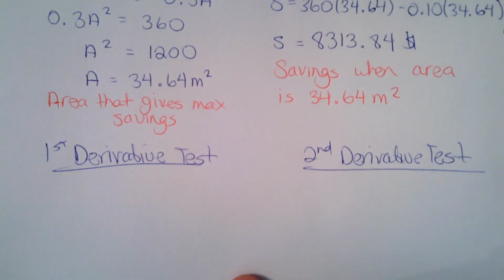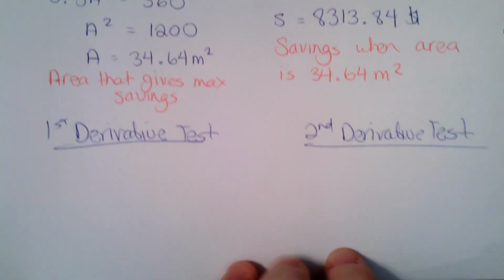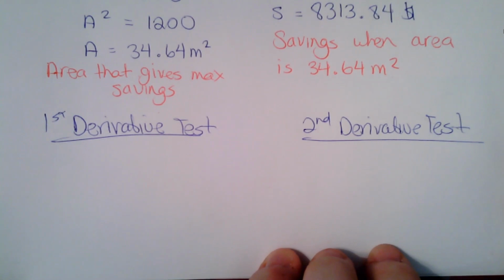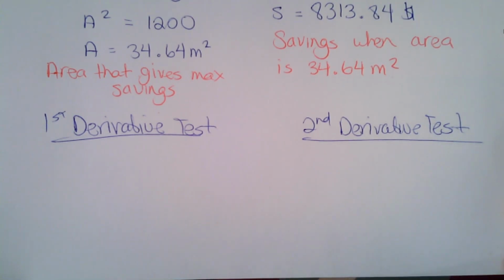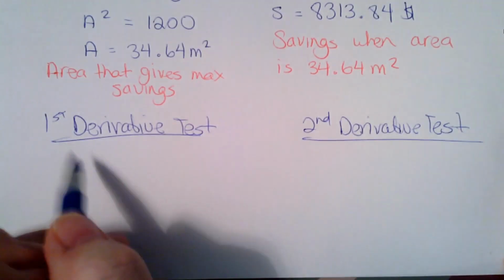Now, again, realistically, you only do one of these tests. You don't do both. I'm just going to show you both so you can see how they would both be done. Because in our next examples, I'm just going to do whichever one happens to be easiest. So here I can do both, though.